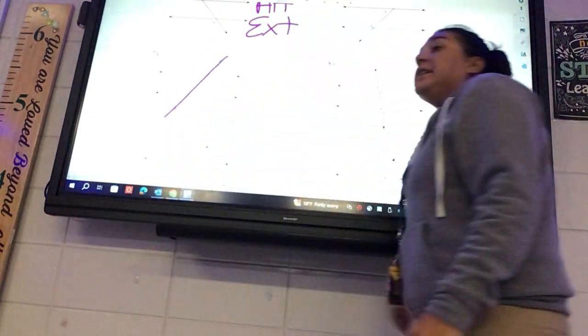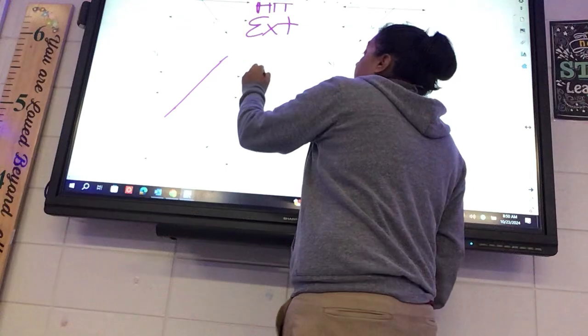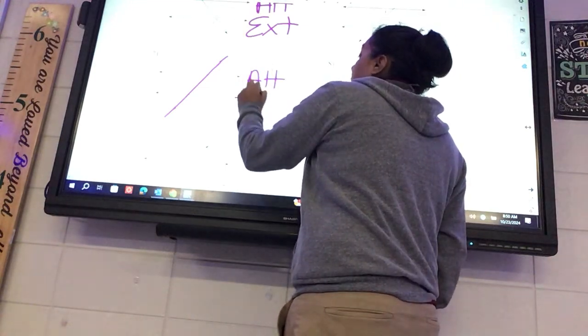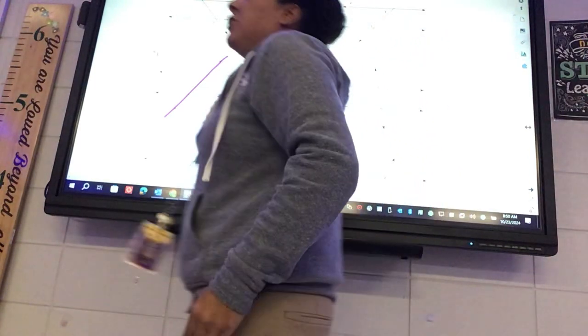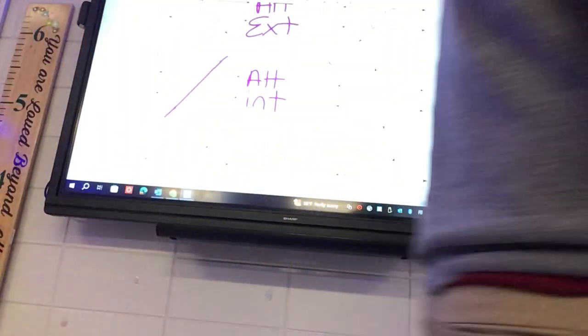Are they on the same side of the transversal or opposite sides? Opposite. So this is going to be an alt interior. What could you put to shorthand it? AI. You can also put alt interior. I prefer the longer one, but I'll know what you mean.